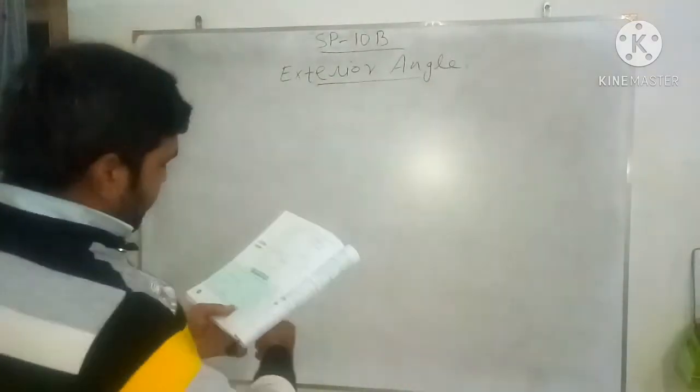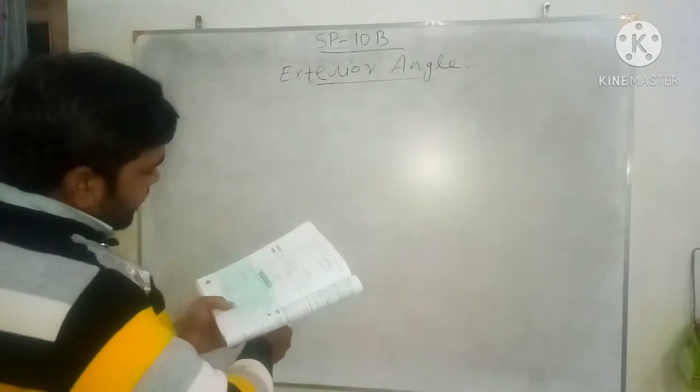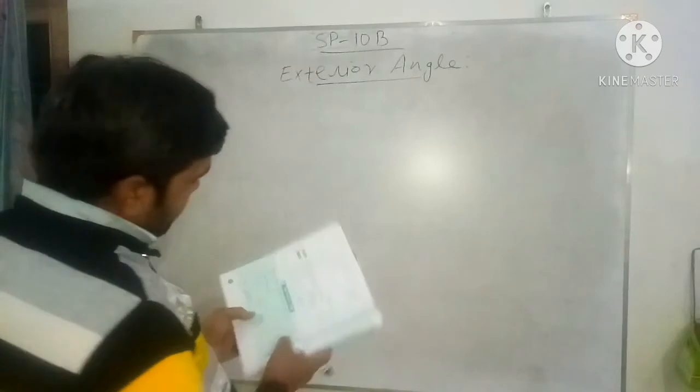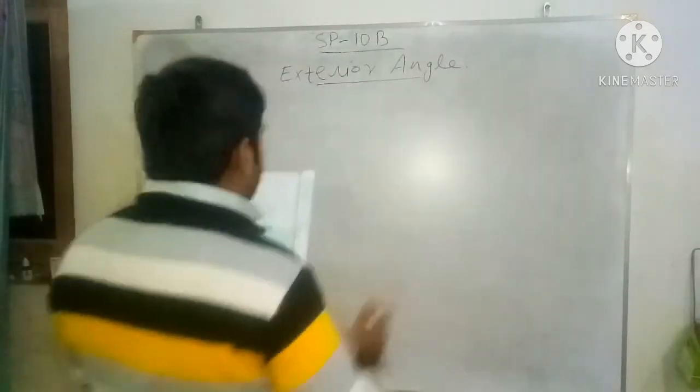Now there is a triangle ABC and we have to name the interior opposite angles in the figure associated with the exterior angle.